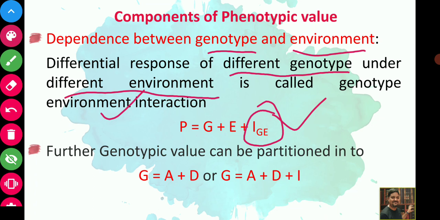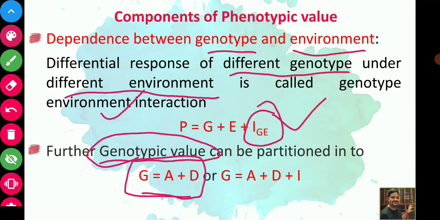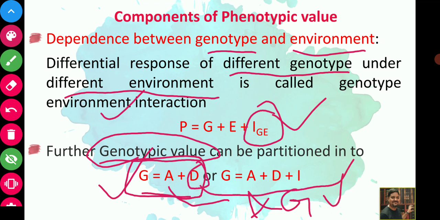Now if you see the genotypic value, the genotypic value can further be divided into G is equal to A plus D. A is the additive genetic value, and D is the dominance deviation.